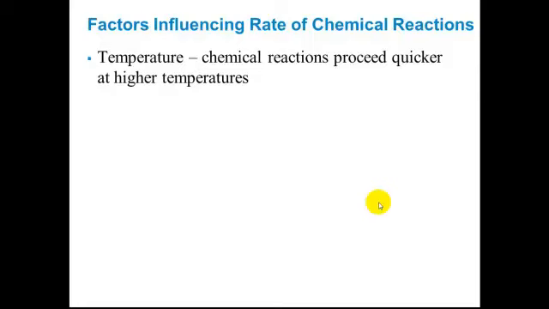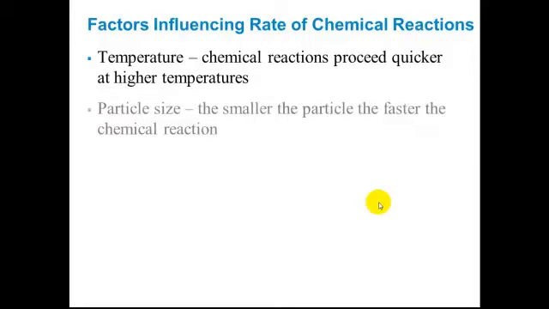So you can imagine that as we have a higher temperature, the molecules are moving more rapidly. As they move more rapidly, there's more chance that they would bounce into one another or bang into one another, leading to chemical reactions. The particle size is also important in influencing the rate of chemical reactions. When you have smaller particles, they can move faster and therefore increase the speed of the chemical reaction.